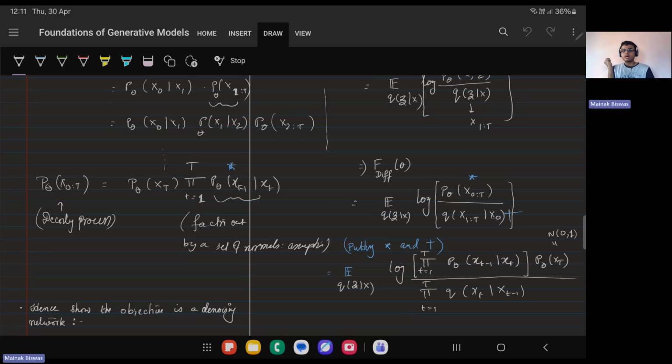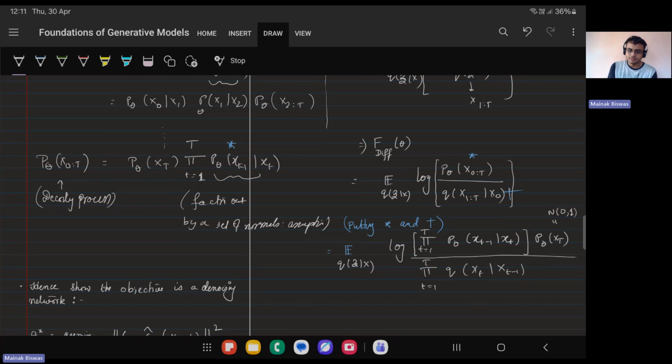So now, to train the model, p theta must be closely similar to q of xt given xt minus 1. But this is xt minus 1 given xt. You can see that p theta is trying to learn the reverse process, where it gets the xt distribution, the future step, and tries to learn the previous step. But q is trying to get the future step given the past step.